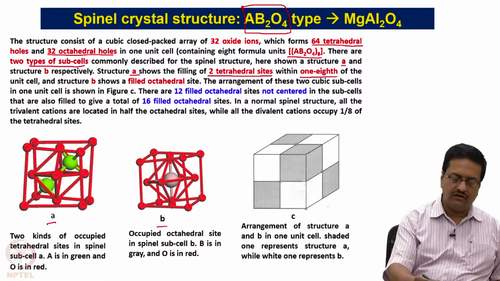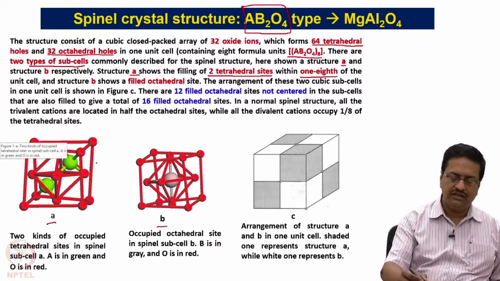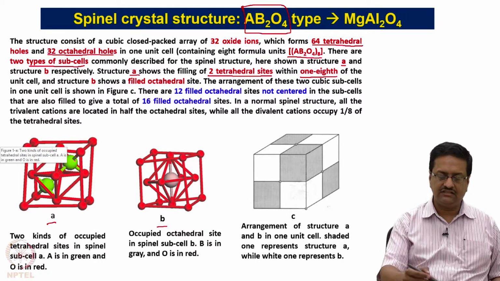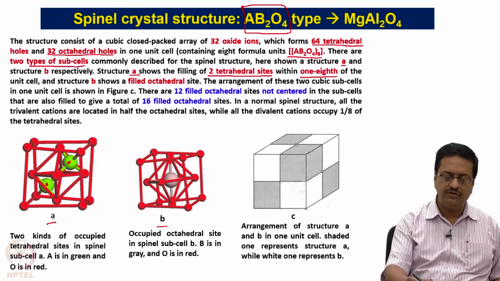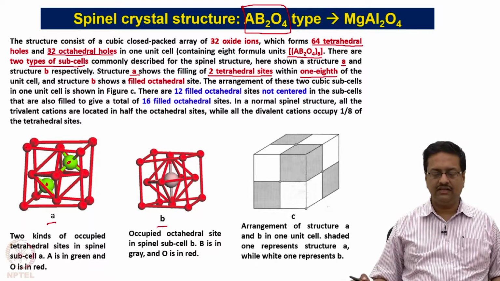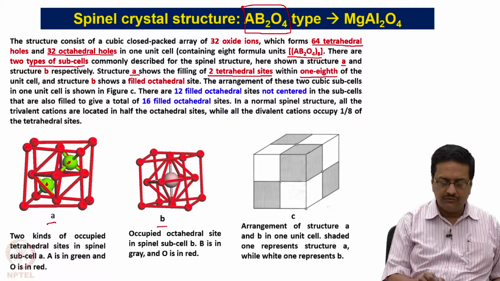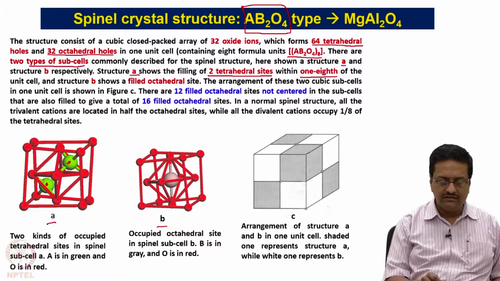The oxygens are occupying the face centered lattice positions in this 1/8 of the structure, and then inside you have two cations present. So, here there are two kinds of occupied tetrahedral sites in spinel subcell A.